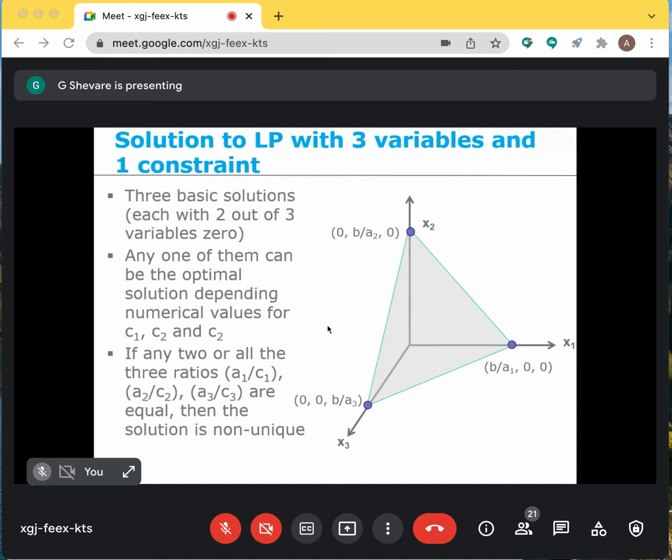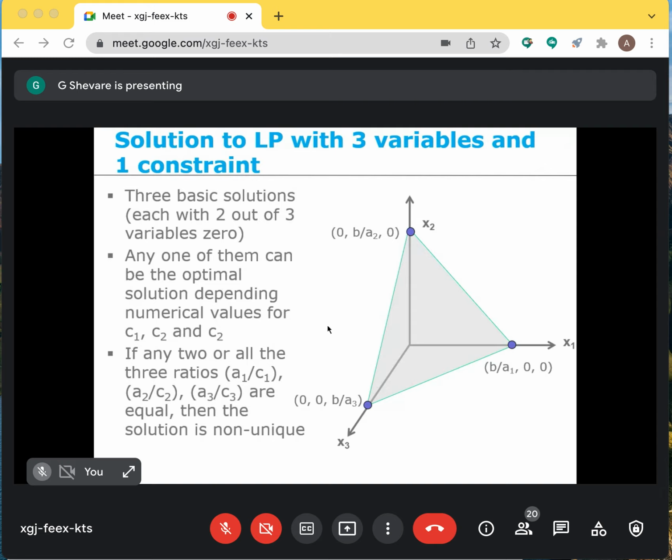With 2 out of 3 design variables being 0, any one of them can be the optimal solution depending on the numerical values of C1, C2, C3. Remember, once C1, C2, C3 are defined, you will get an equation for a plane, and as j changes, the plane will move parallel to itself.